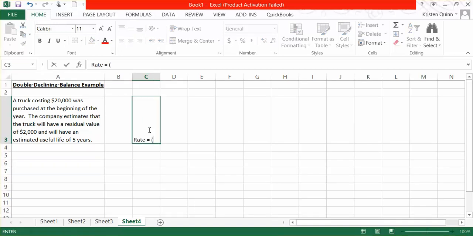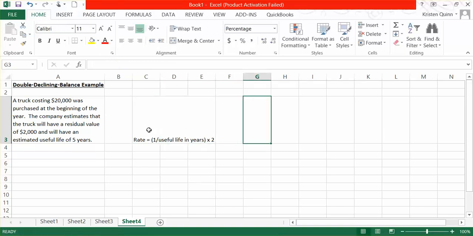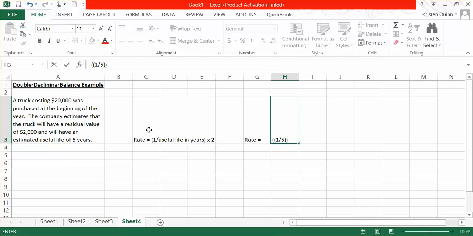And we do that by taking 1 divided by the useful life in years and multiplying that by 2. That doubles the rate, hence the name, the double declining balance. So, for us, our rate, we have 1 divided by the useful life, which is 5 years, and we're going to multiply that by 2.